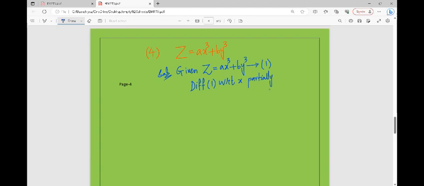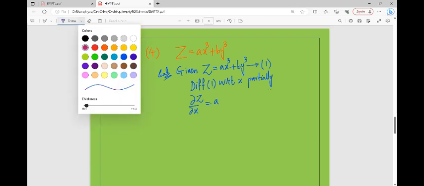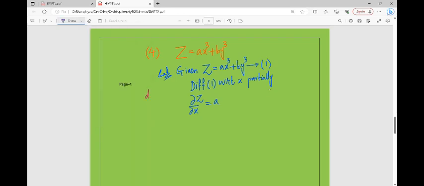So it is dou by dou x of z is equal to, here a is a constant, और आपको यहाँ पे ये भी बताना जरूरी है, d by dx of x cube is equal to 3x square.